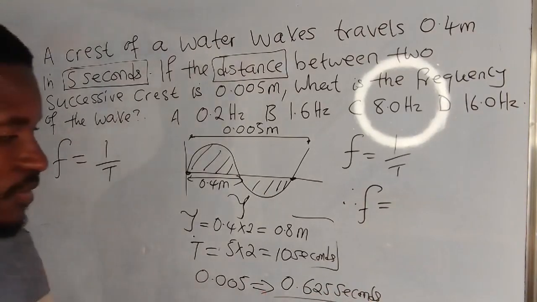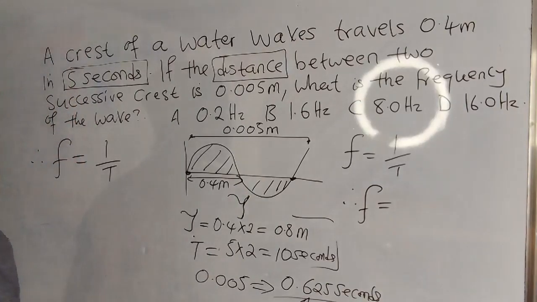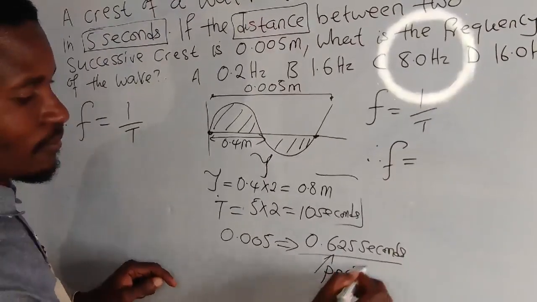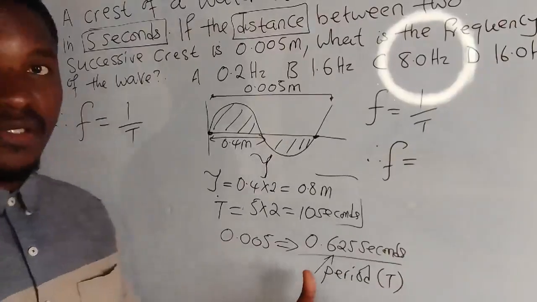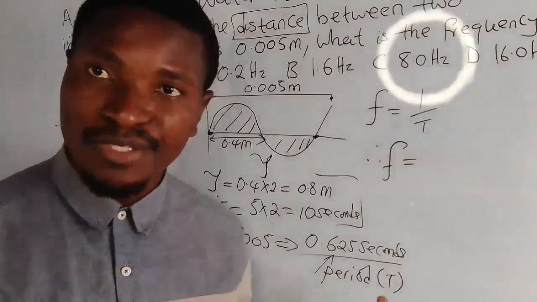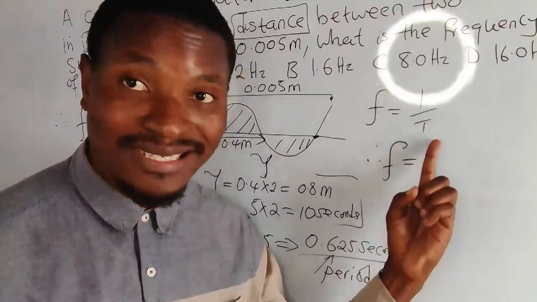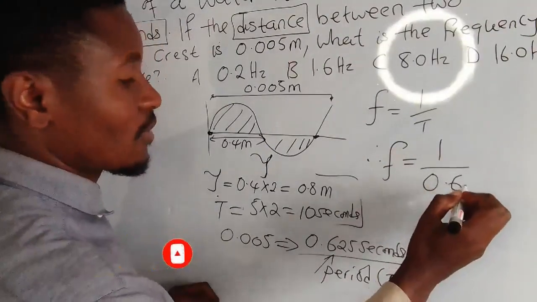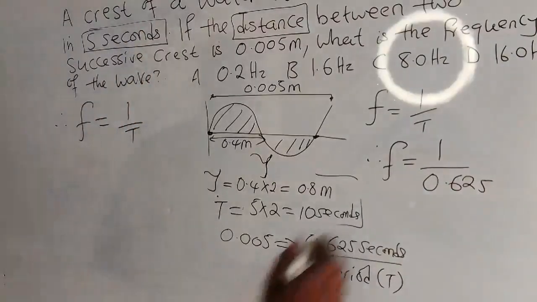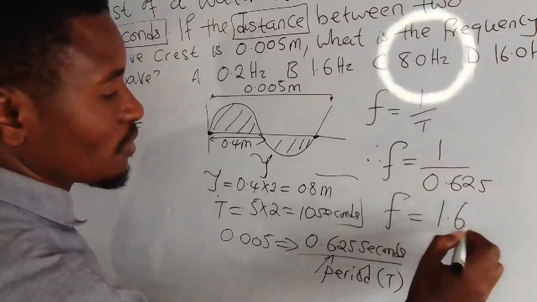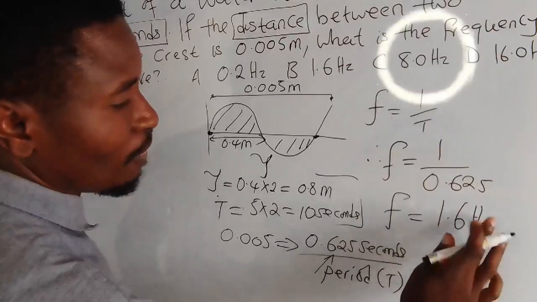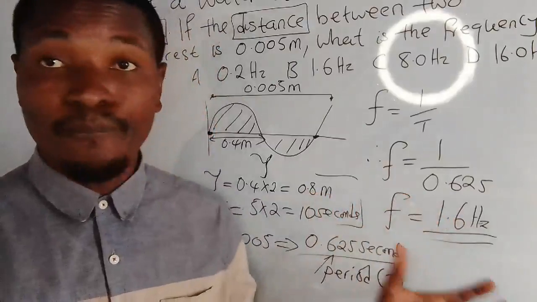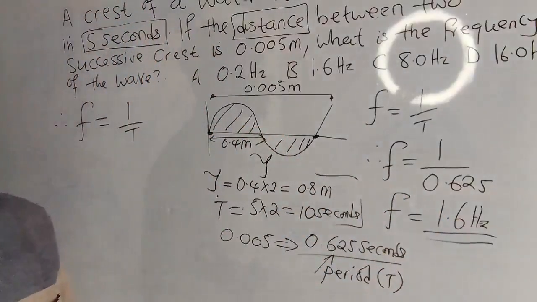So this is now the time, the period, which is T. This is the time that we are going to substitute where there is T. So this is going to be 1 over 0.625. Now the frequency is 1.6.